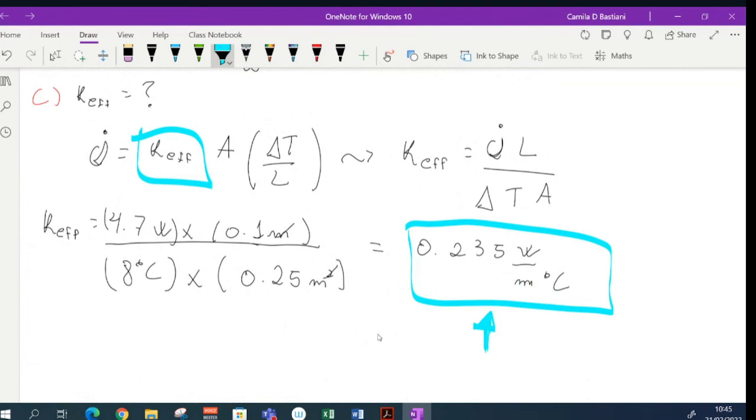One thing that you need to be careful about when you are solving problems in the exam, I know that Anthony likes to ask you to add your assumptions, okay? So when you start this problem, you need to state your assumptions. Here we are assuming that your heat transfer is steady, so there is no change with time. We assumed as well that your heat transfer was one-dimensional, in X only.